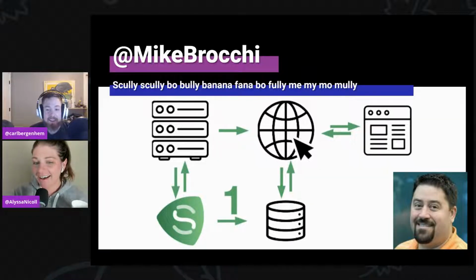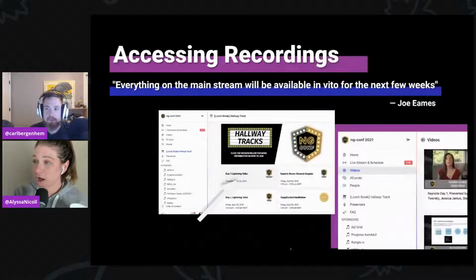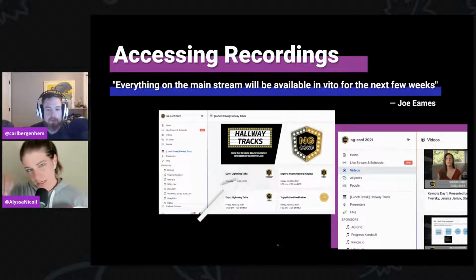Next up, wasn't the next talk, but it was just a little bit of info that I had. If you have access to Veto and the conference, when you sign in, there are 2 spots to go to. There's the hallway track, where you should be able to find the lightning talk recordings, and then of course the videos page.